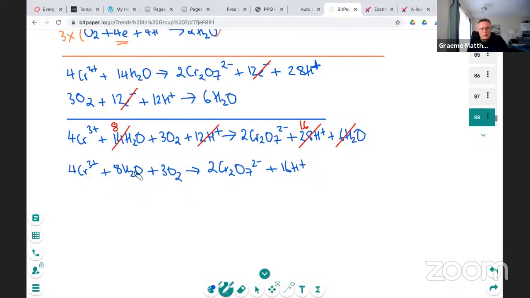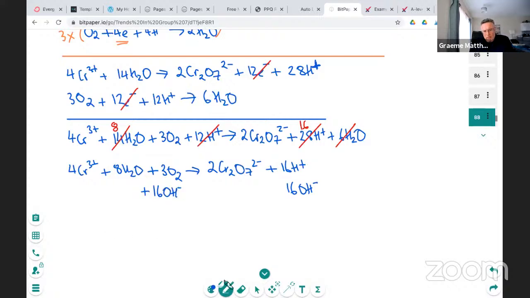Hold on, 4 chromiums, 8 waters, 3 oxygens, 2 Cr2O7. Yes. Now, it's an alkaline solution, so I'm going to add the same number of hydroxide ions to both sides, right? Because obviously in alkaline you're not going to have hydrogen ions floating around. So I'm going to add 16 OH- on this side, and 16 OH- on this side to make everything balance out.